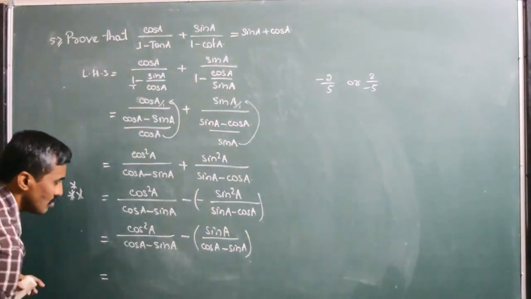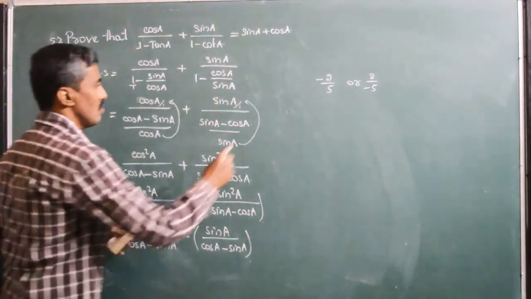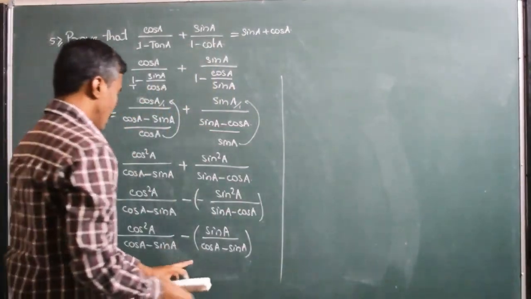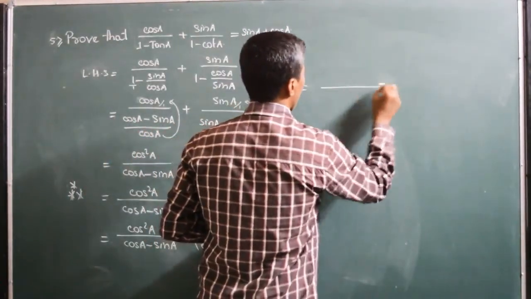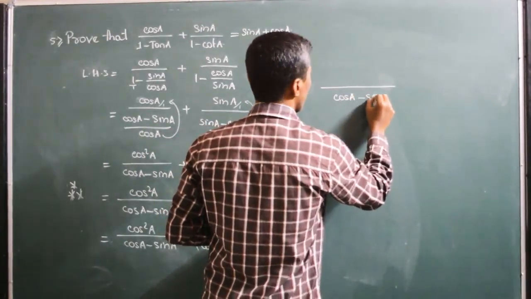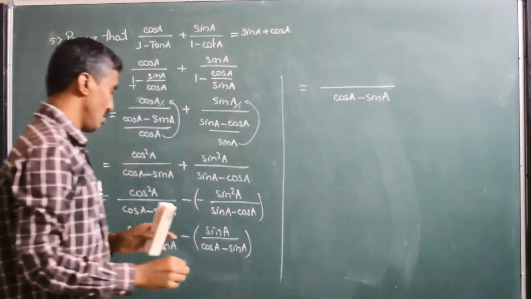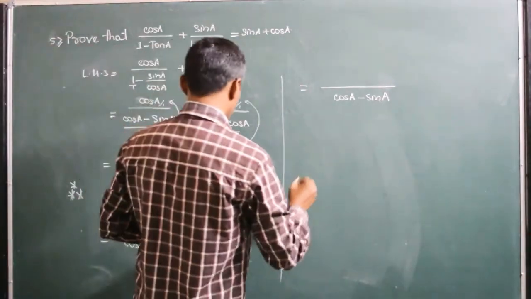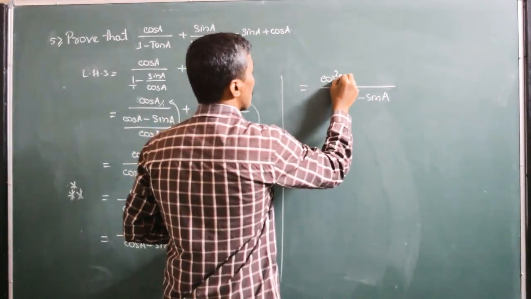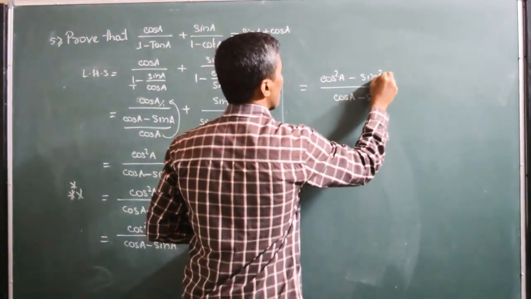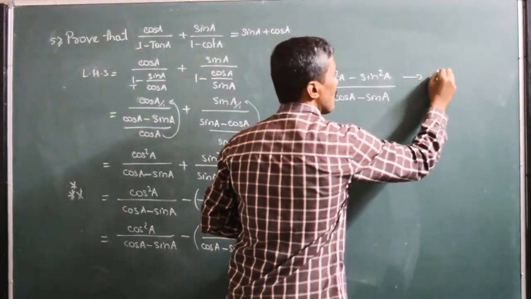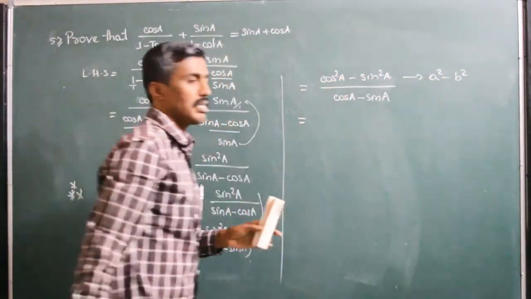Okay, so continue here. So the common denominator is cos A minus sin A, that is the LCM. So then the numerator becomes cos square A minus sin square A. So cos square A minus sin square A is of the form A square minus B square. What is A square minus B square?